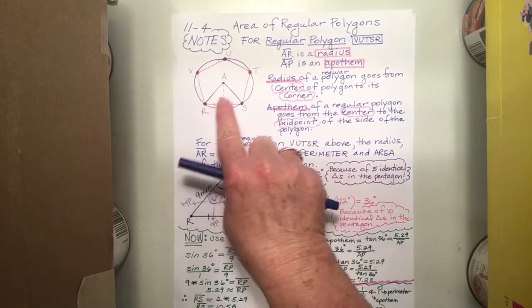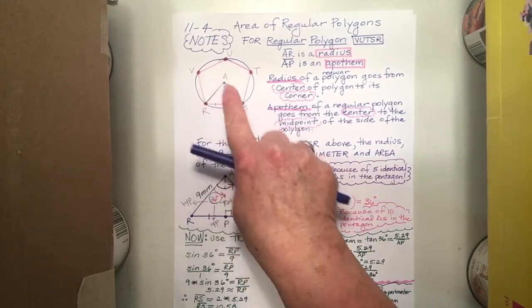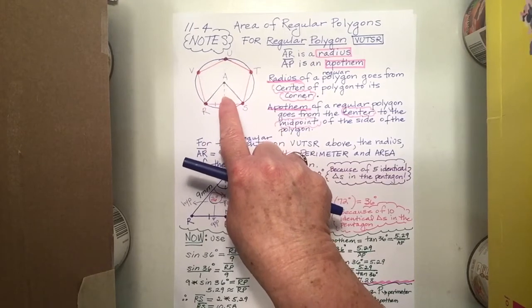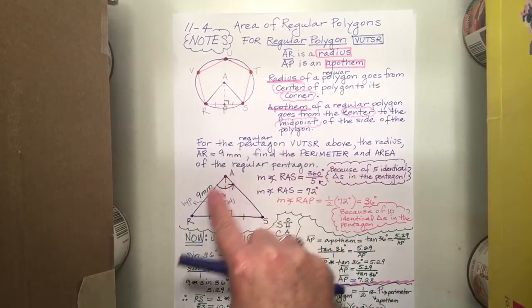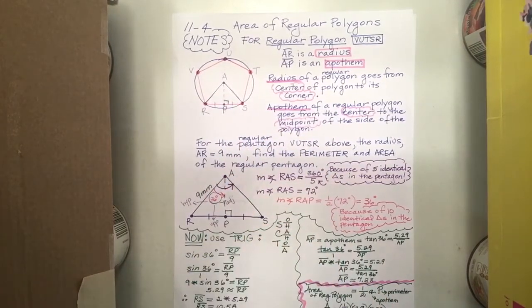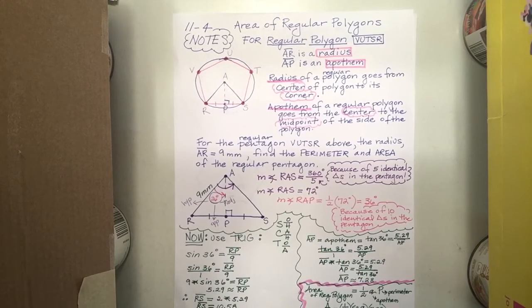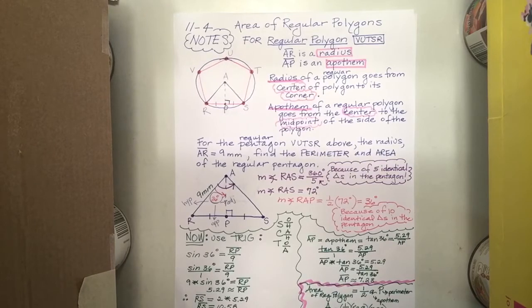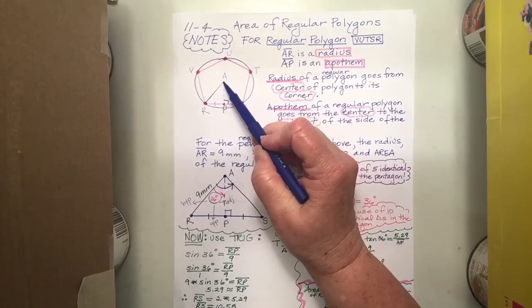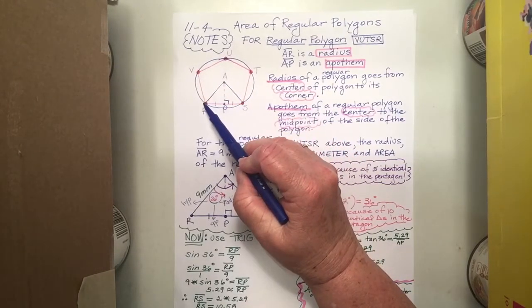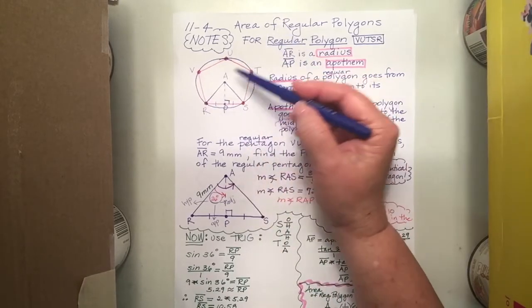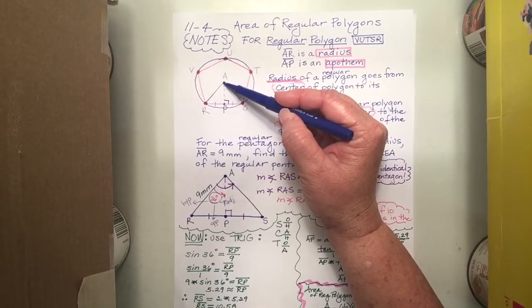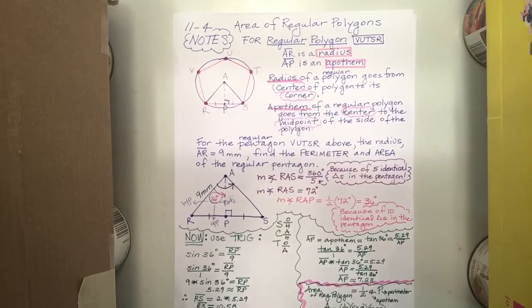You take a regular polygon, you pull out a triangle inside for reference, and you do all your work pretty much from that reference triangle. The reason is you're using a formula which talks about the radius, which goes from the center to the corner of a polygon, and the apothem, which goes from the center to the side of the polygon.